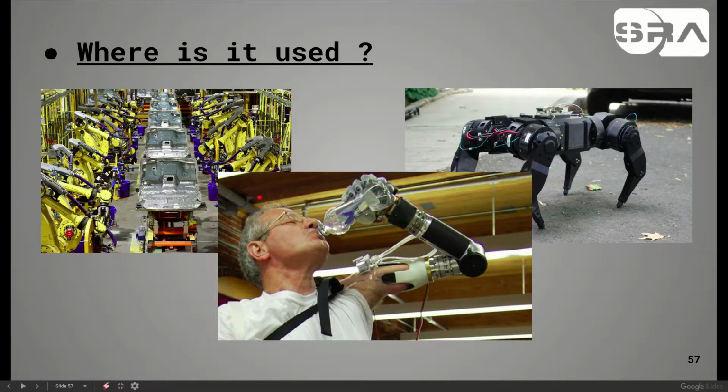Two of the Eklavya groups, I guess one of them has done this project of industrial manipulator and one group has done quadruped. So I hope you have used inverse kinematics in solving for the manipulator.